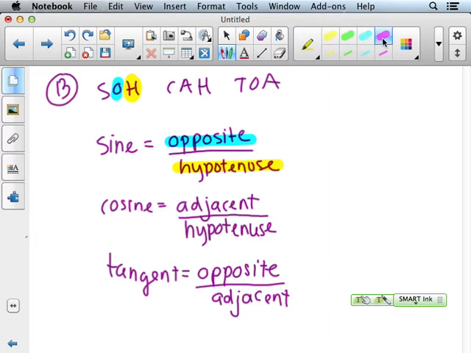This one is adjacent and hypotenuse. And this is opposite and adjacent. Okay, adjacent, opposite, hypotenuse. Alright, that's how you remember SOH CAH TOA.